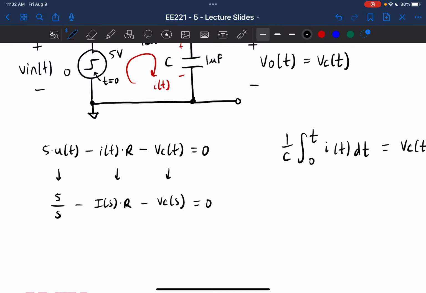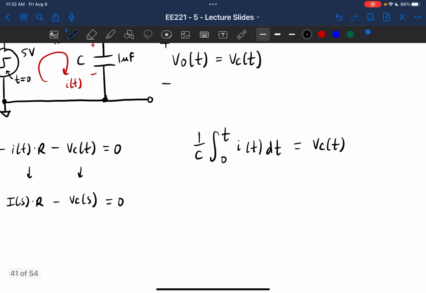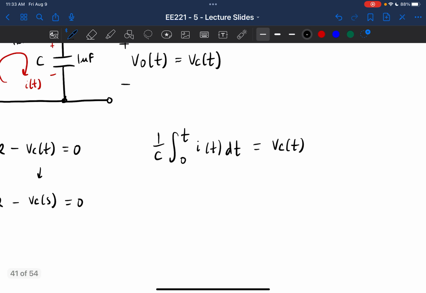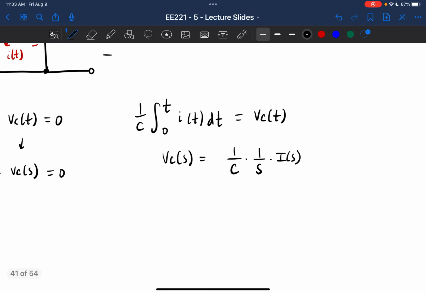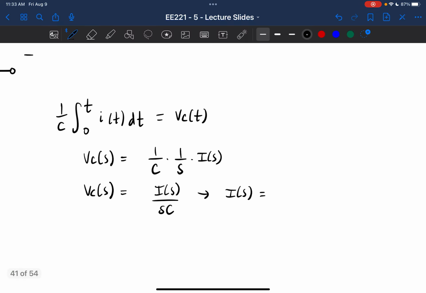And so we basically want to get I of S in terms of Vc of S. If we use the time integration property of Laplace transforms, we can say that this Vc of S is equal to 1 over C times 1 over S times I of S. So we can say that Vc of S is equal to I of S over S times C, or we can say I of S is equal to Vc of S times SC.